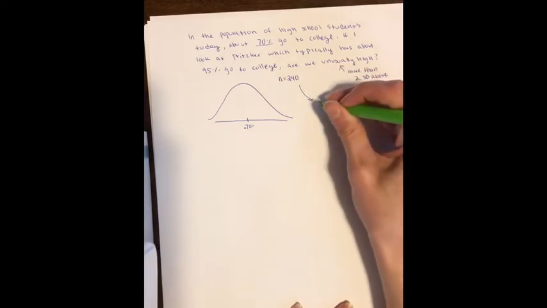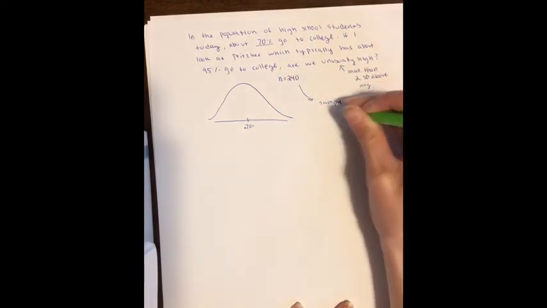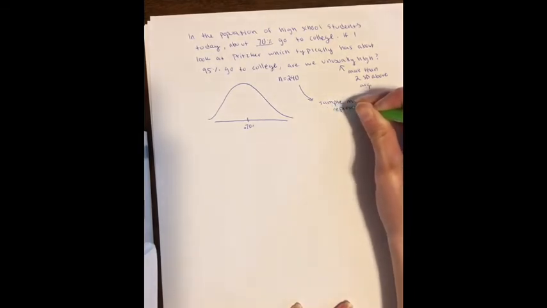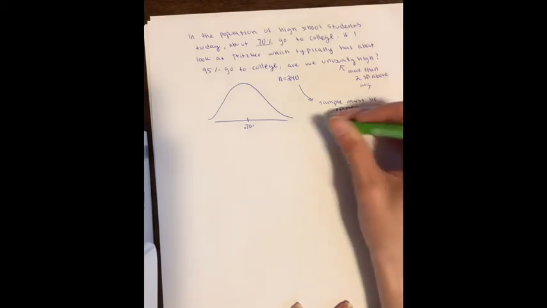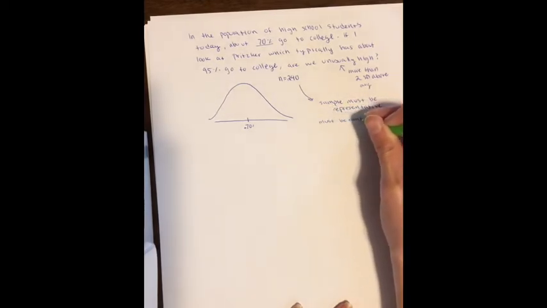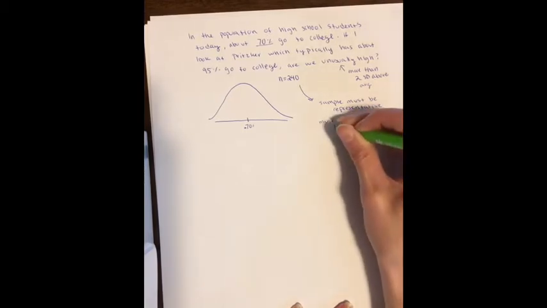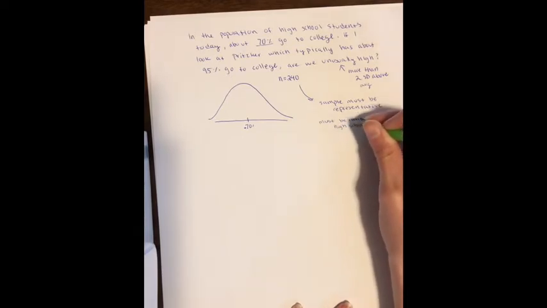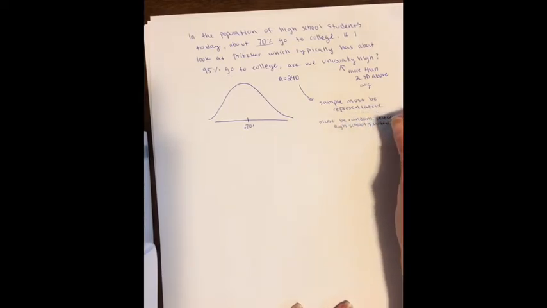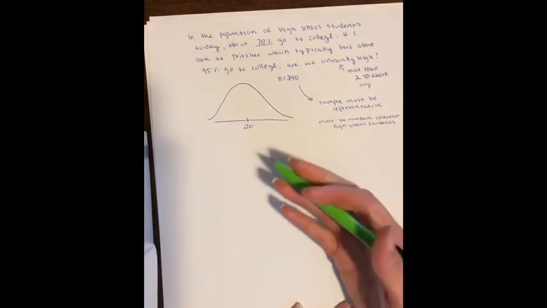Our sample must be representative. Okay, so it must be random. And technically, you guys are not a random sample of high school students. But we're trying to see if we are rare compared to random samples of high school students.